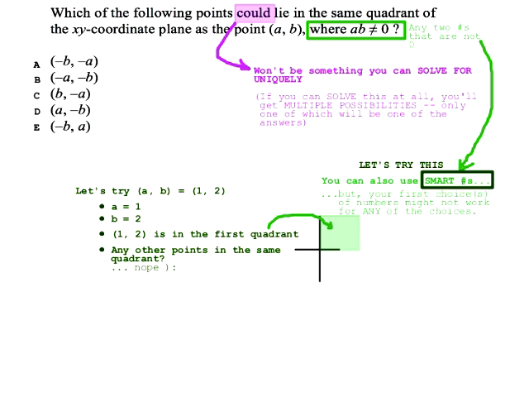So let's try the numbers that Gabriella said. Let's try A, B is -2, 3. Okay. So in this case, A is -2, B is 3.